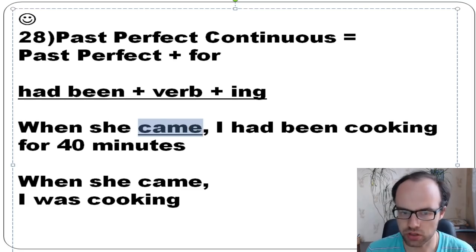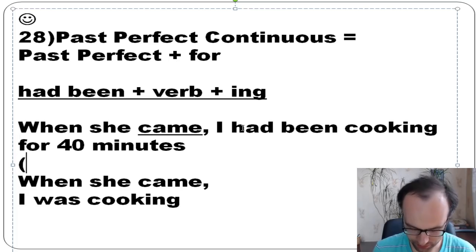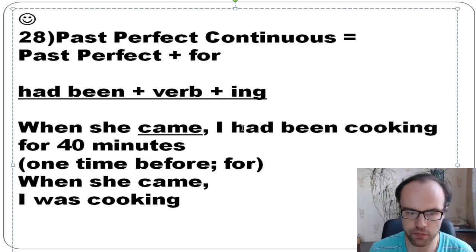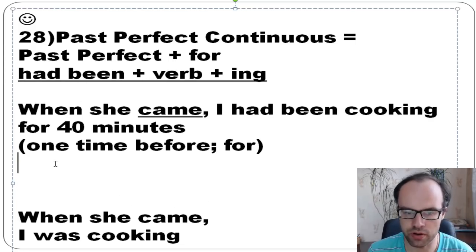I had been cooking for 40 minutes. Yeah? So what does it mean? It's one time before, and you also have for.